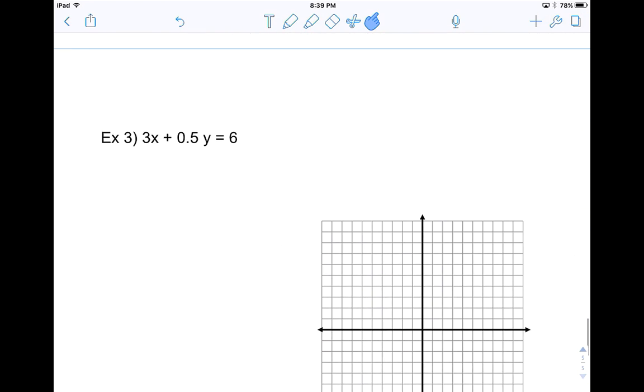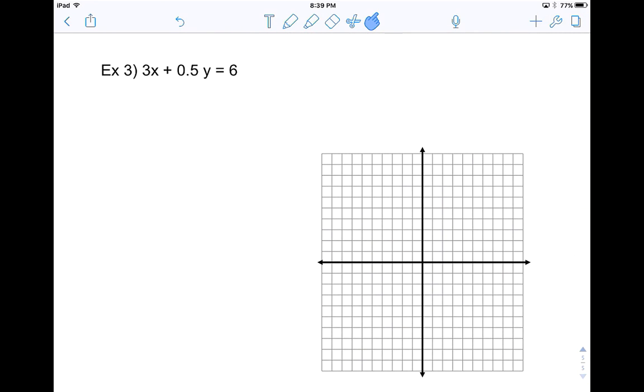So let's try it on one more example here. First, let's find our slope. Remember our slope formula for standard form is going to be negative a over b. In this case, a is 3 and b is 0.5. So when we plug those in, we have negative 3 divided by 0.5.